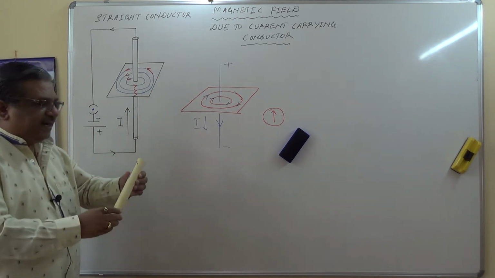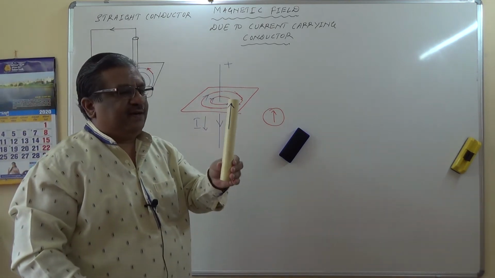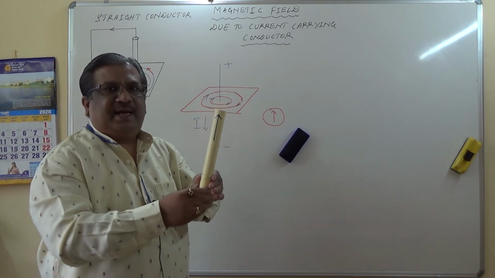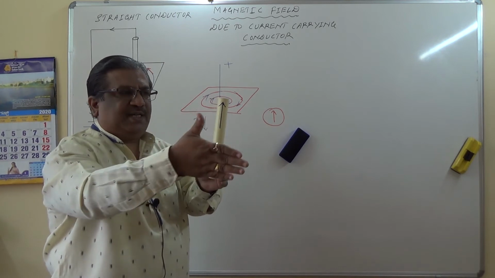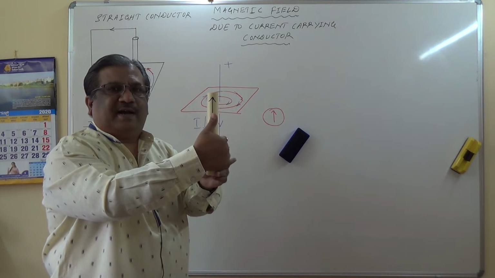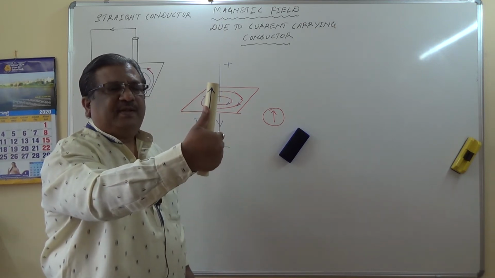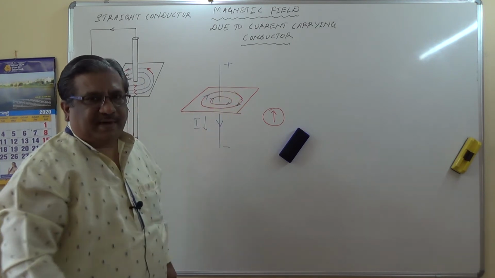What is that right hand thumb rule? Once again, imagine that we are holding a current carrying conductor in our right hand, such that the thumb points towards the direction of the electric current, then the wrapped fingers around the conductor give you the direction of the magnetic field lines. I hope you have understood this.